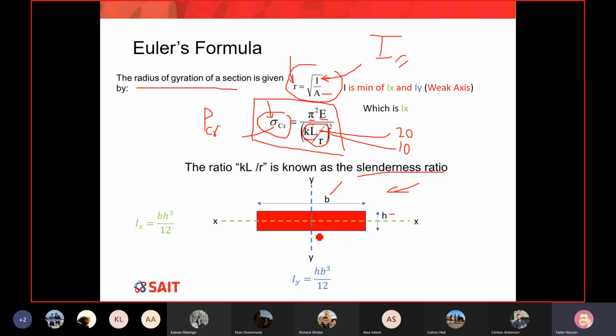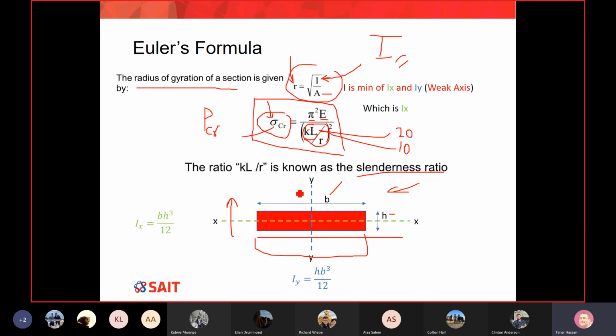Think about this as your ruler. If you hold your ruler and then compress it, it will simply buckle this way. It means your section will probably be somewhere here, so it will buckle this way around the x-axis.